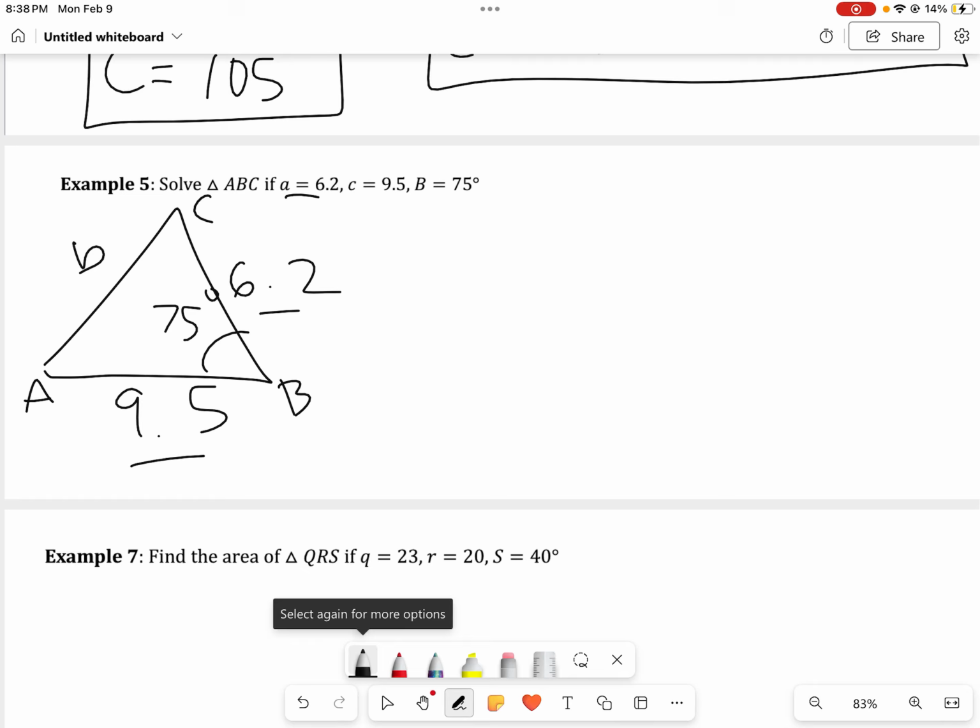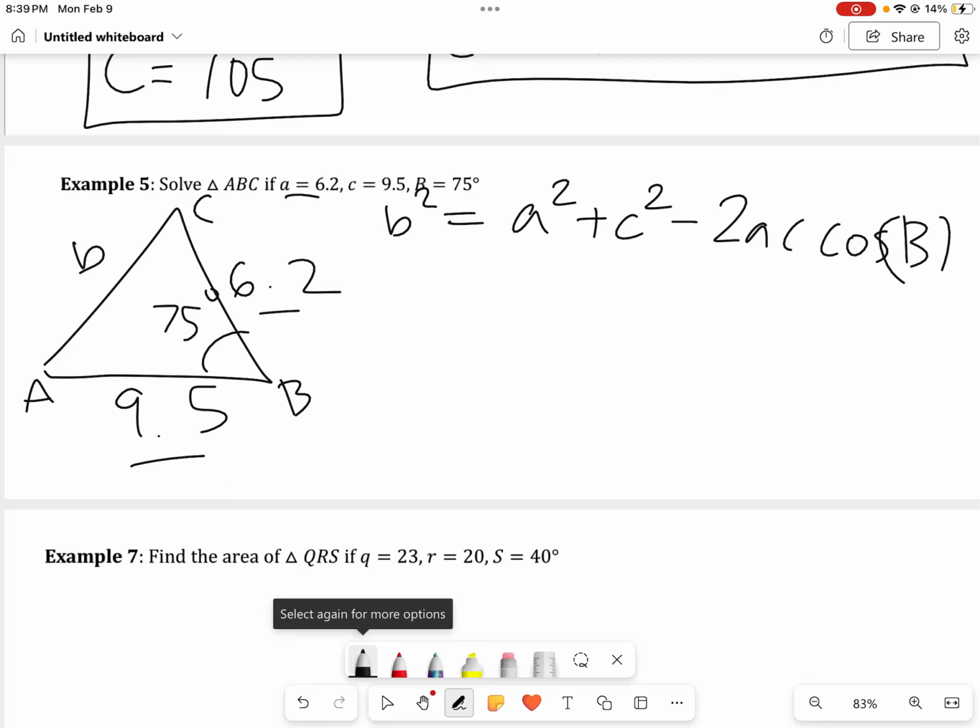B squared is, if we move it around, going to be A squared plus C squared minus 2AC cos of B. So it's basically an alternate. Usually this is C, that was B, and that would be whatever term's here. But now since it's B, obviously this is going to match that.